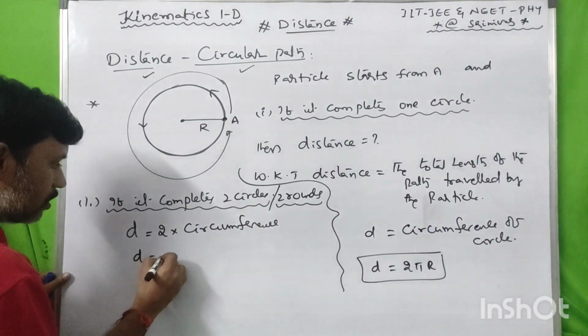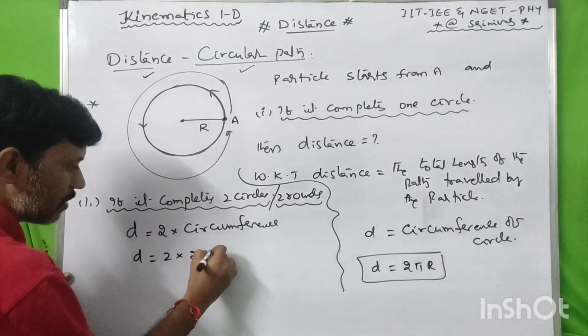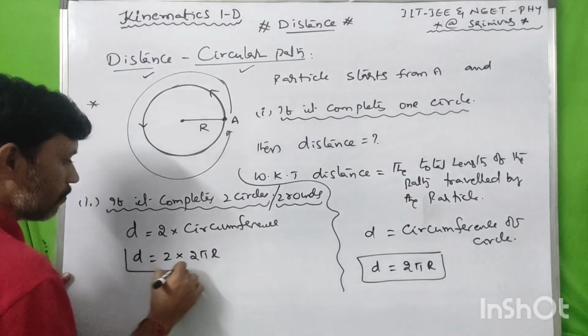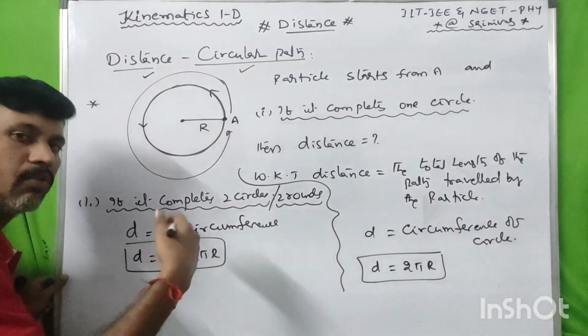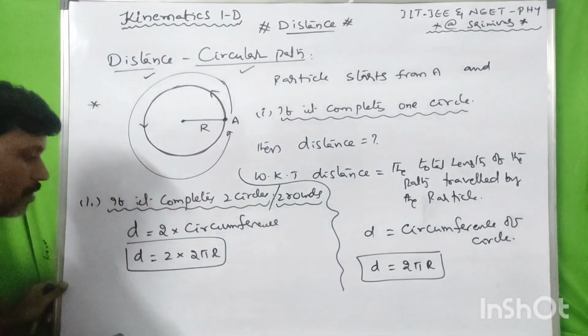So D is equal to 2 into the circumference formula 2 pi r. Remember it like this: 2 into 2 pi r, which is 4 pi r. After that you can write.